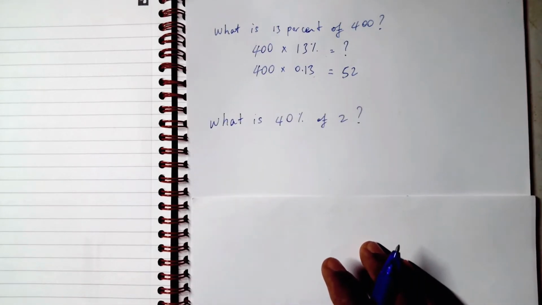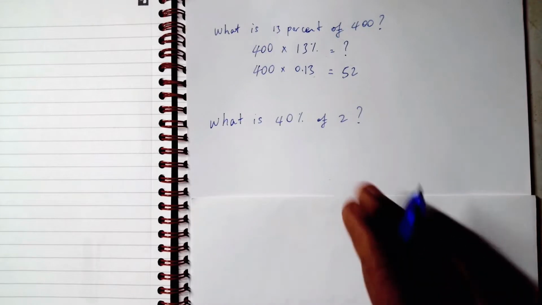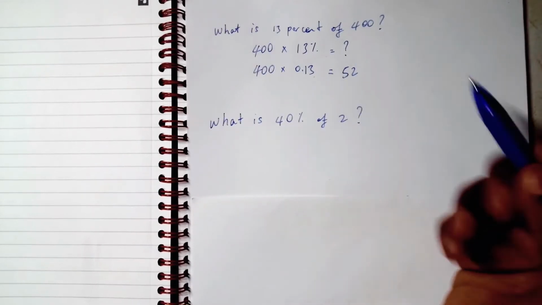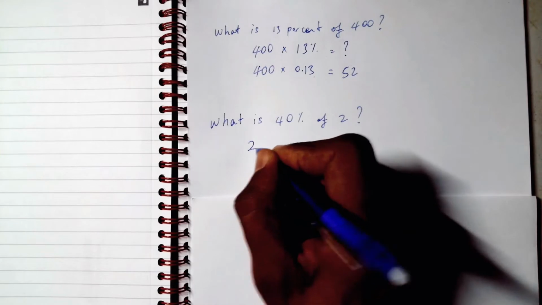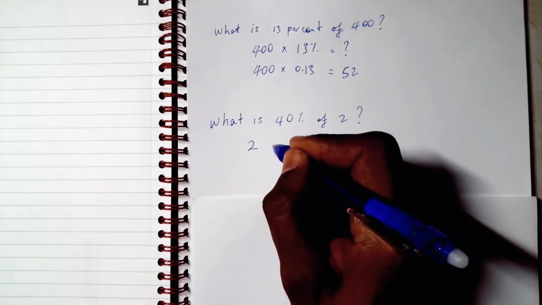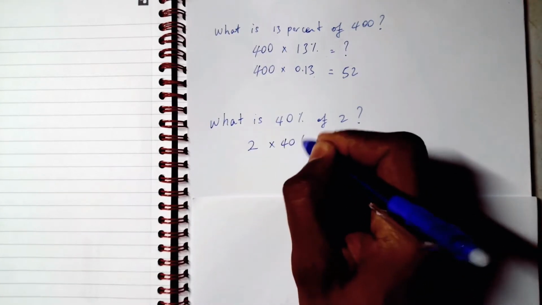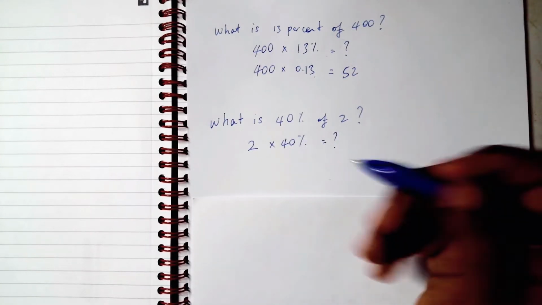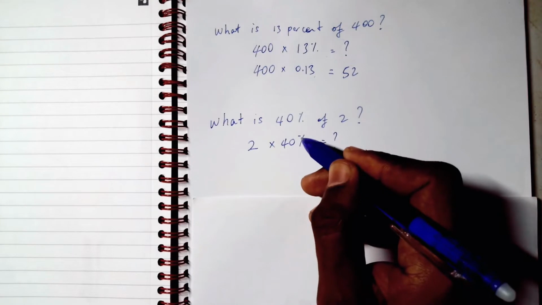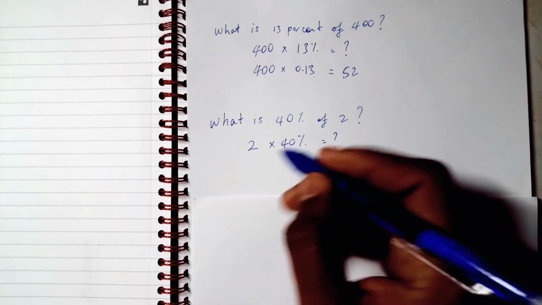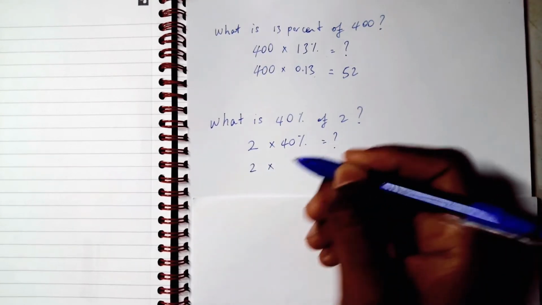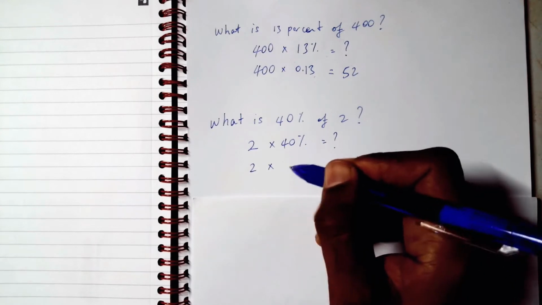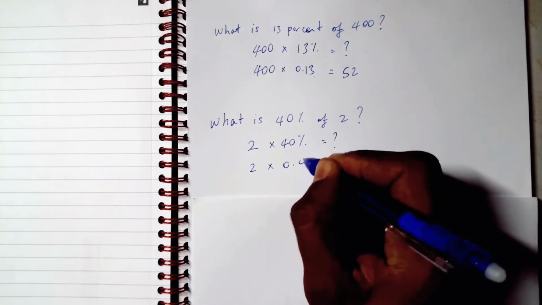What is 40% of 2? Same setup as here. We write the number we want the percentage of, multiplied by the percentage itself, equal to some value we don't know. We convert this 40% to decimal, and we get 2 multiplied by 0.4.